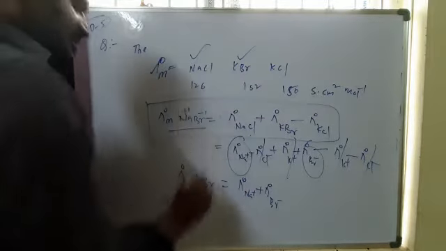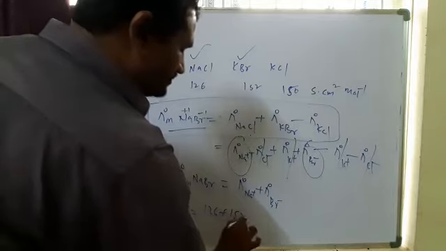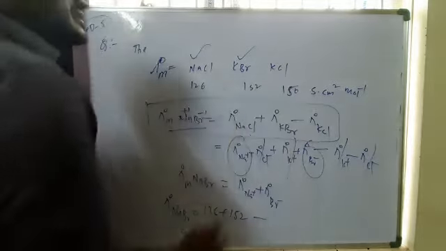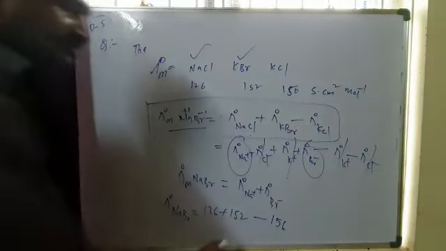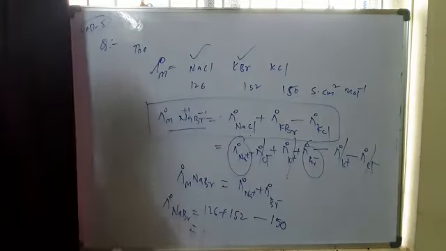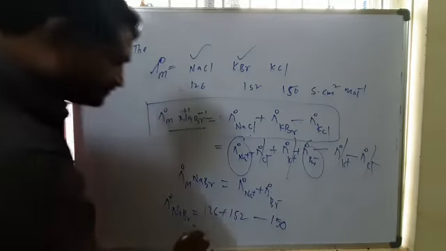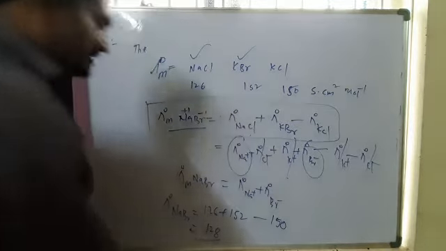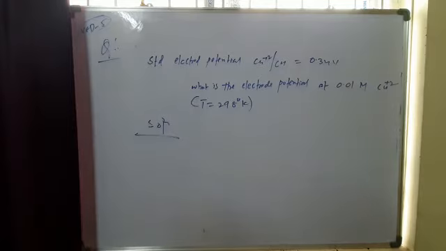NaCl molar conductivity 126 plus KBr 152 minus KCl, that is 156. Sorry, 150. That is 150. So if you simplify that, you will get the answer, that is 128 Siemens centimeter square mole inverse.